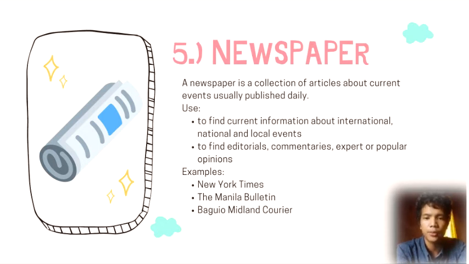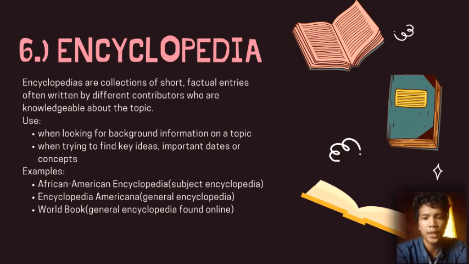We use them also to find editorials, commentaries, and popular opinions of different people. Examples of newspapers are the New York Times, Manila Bulletin, the Midland Courier, the Herald Express, and others. Moving on is the encyclopedia.